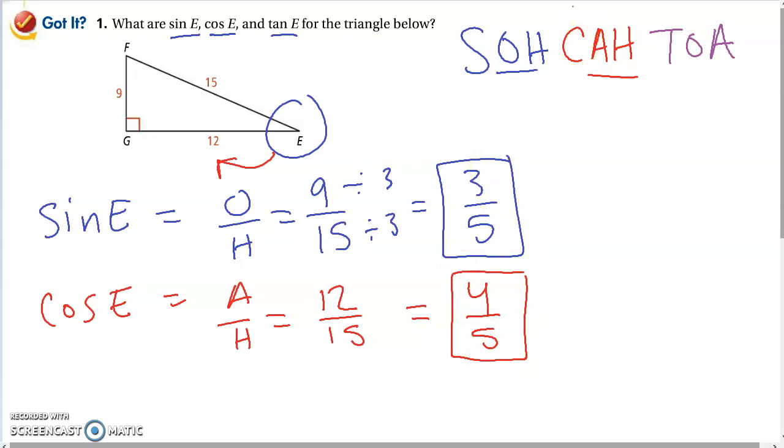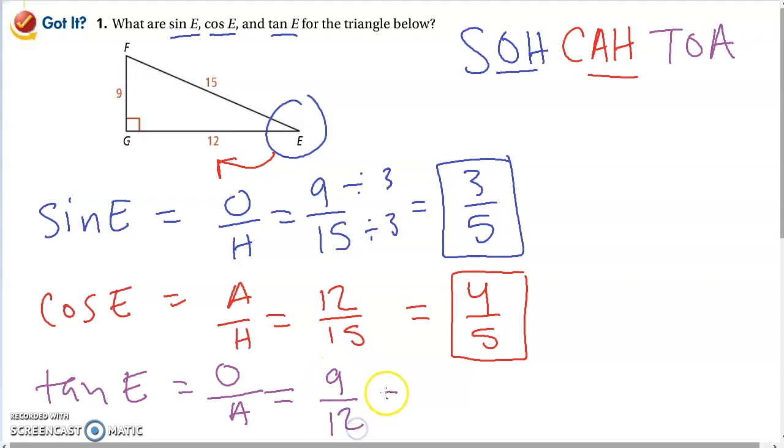Let's go ahead and find the tangent of E. Tangent of E is going to be opposite over adjacent, and the opposite is 9 over 12, which reduces to 3 over 4. Not too bad, right? Not too bad at all.